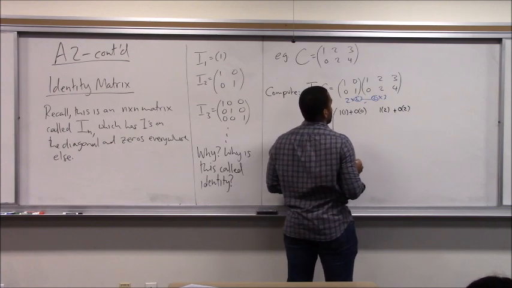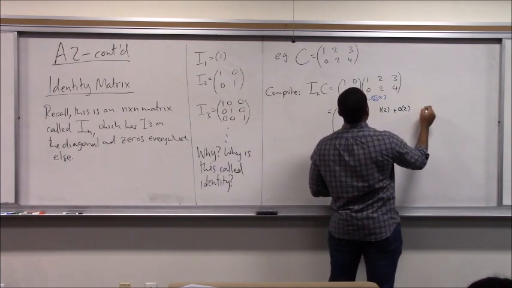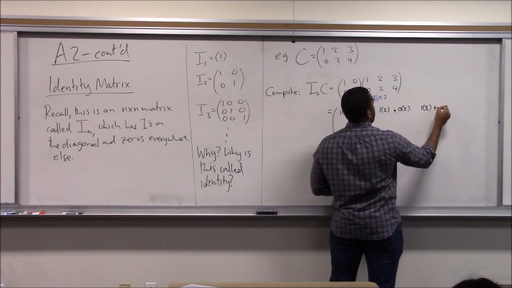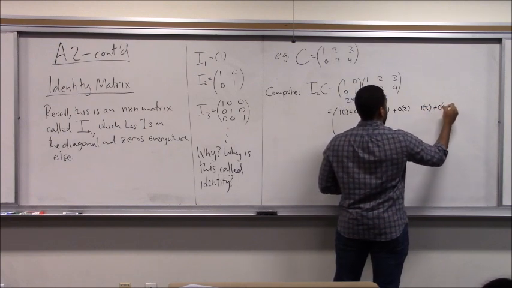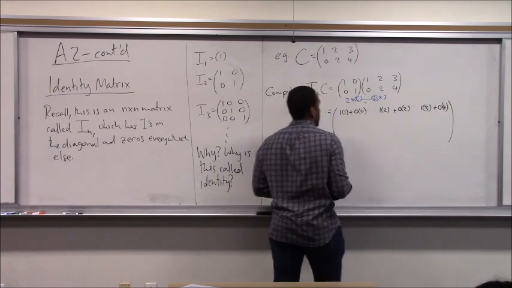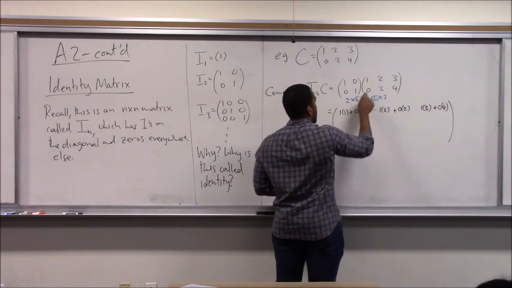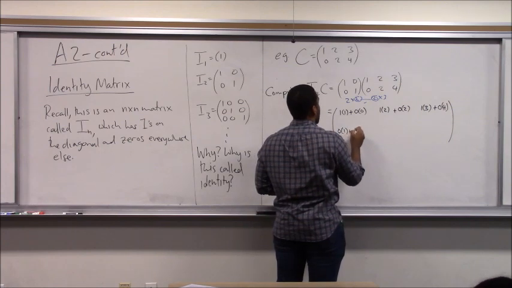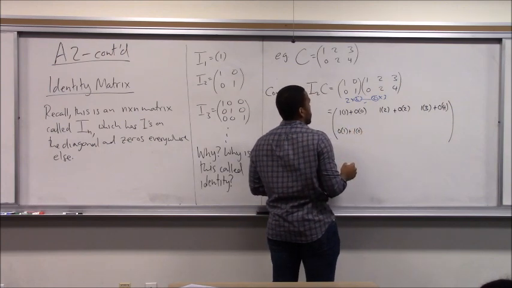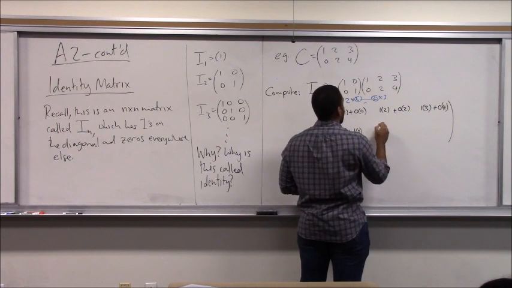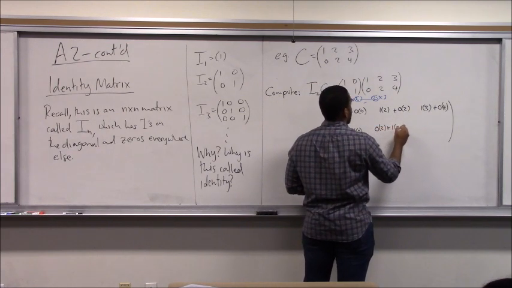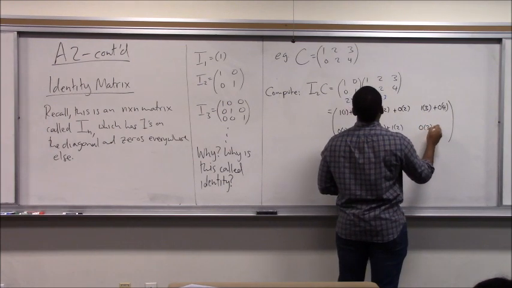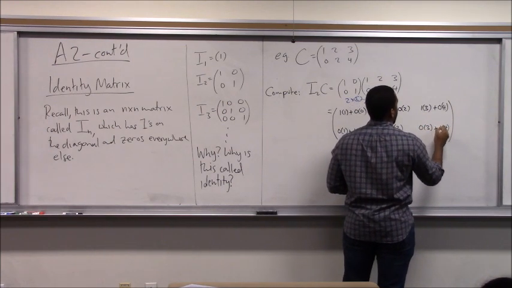First row, third column: 1 times 3. Move down, and now you do the same thing with the second row. Second row times first column, 0 times 1 plus 1 times 0. Second row times second column, 0 times 2 plus 1 times 2. Second row times third column, 0 times 3 plus 1 times 4.